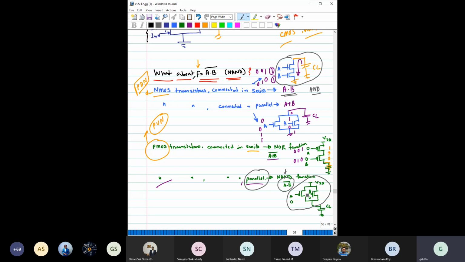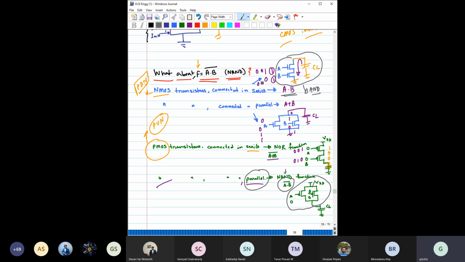So you can see series for NMOS, parallel for PMOS, they are giving the complementary output. For this, you are getting AND, for this, you are getting NAND. But here they are in series, here they are in parallel. Basically that means they are the dual network.